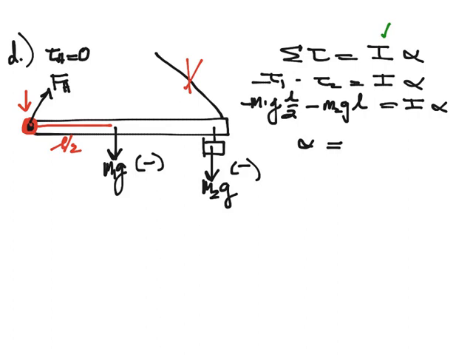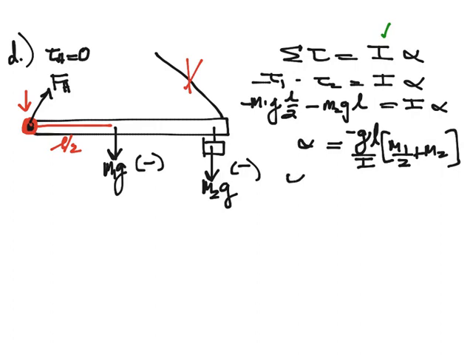You probably want to convince yourself that what I'm saying is true, but alpha will be equal to negative g, divided by I, m1 over 2 plus m2.